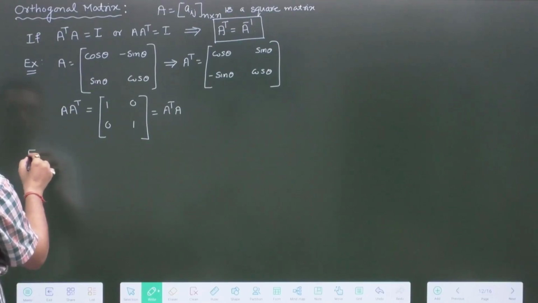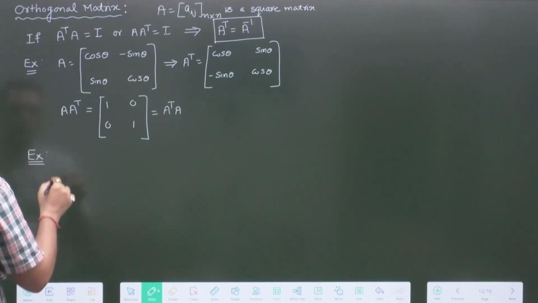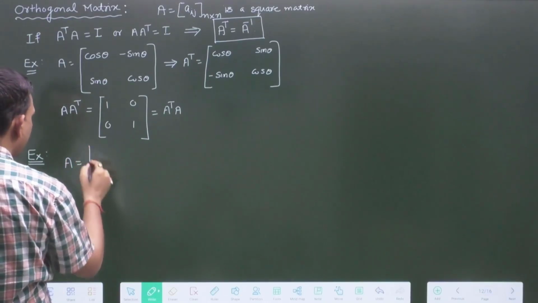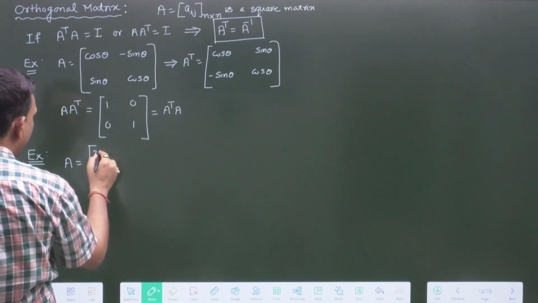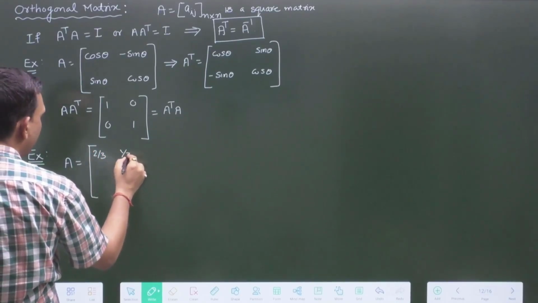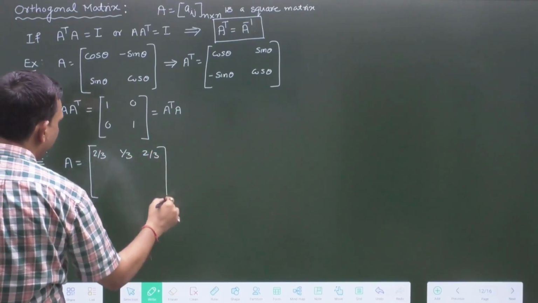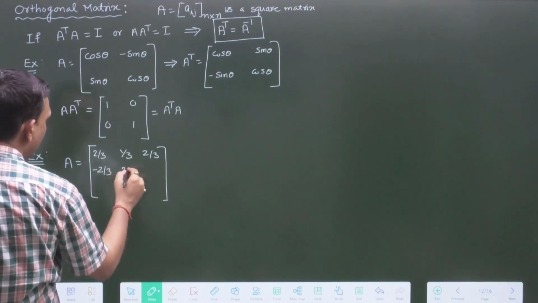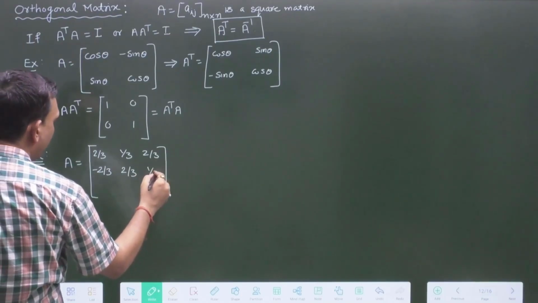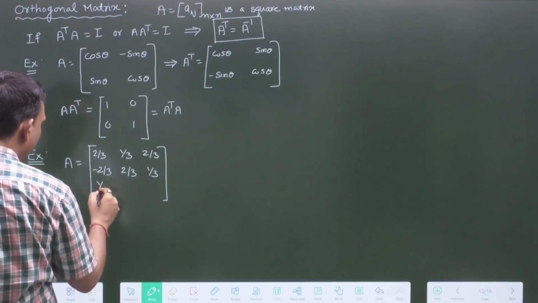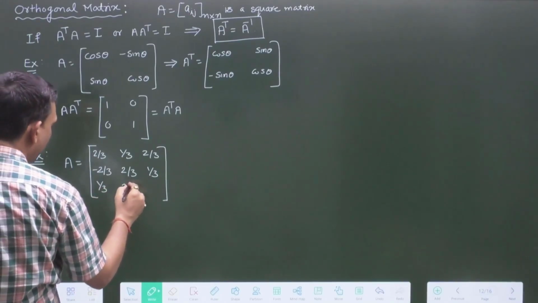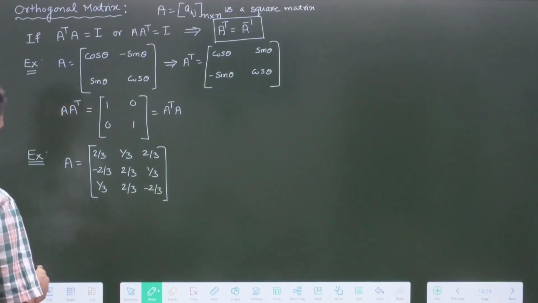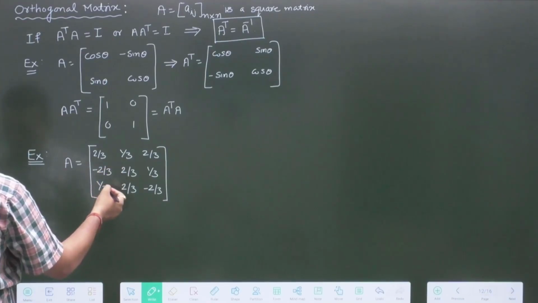Another example is matrix A given by this matrix: 2 by 3, 1 by 3 and 2 by 3. Then you have minus 2 by 3, 2 by 3, 1 by 3. And then you have 1 by 3, 2 by 3 and minus 2 by 3.